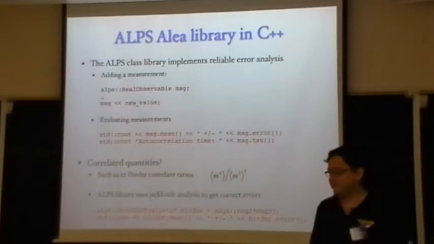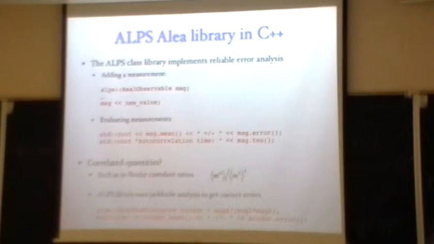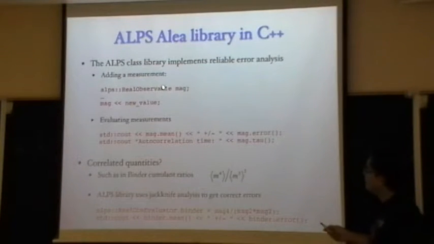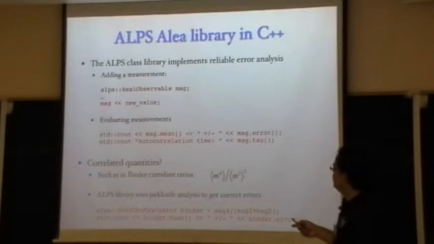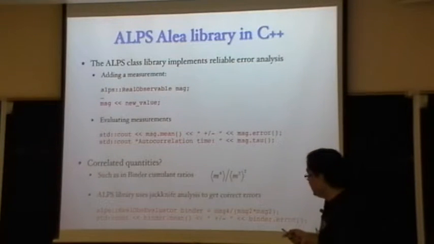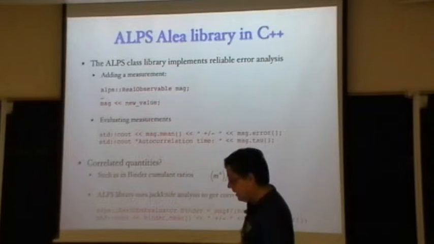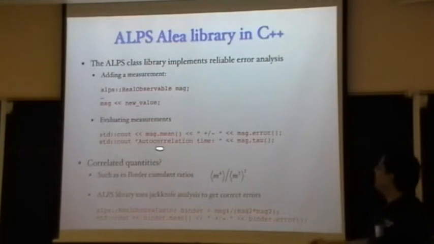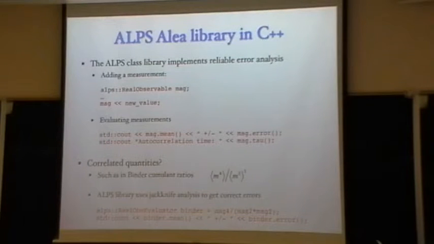So we have some libraries in C++ and Python that make it very easy for you. You give the class here, give the real strawberry class. You can just type in your values, then you print the mean value and the error, and you get the right error using binning and all.